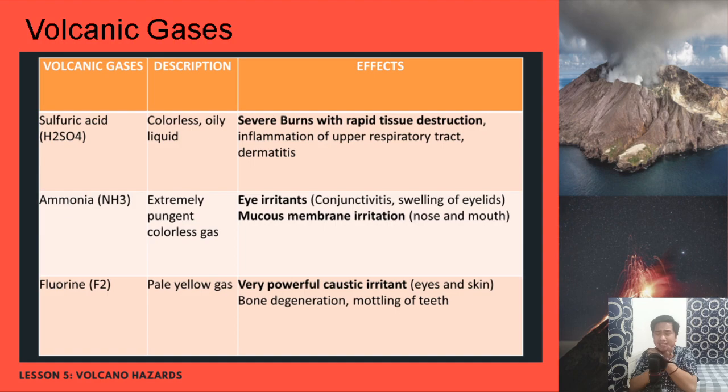So it is somewhat wet. And then, the danger for this one is that it can cause severe burns with rapid tissue destruction. So there is corrosion, as if you were burned, as if acid was poured on you. That is your sulfuric acid.